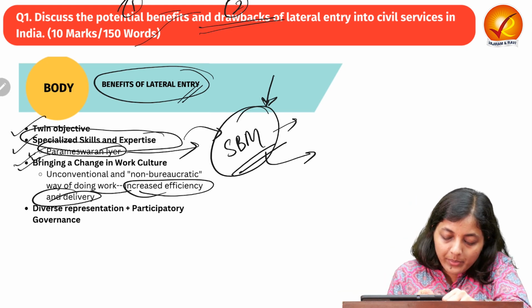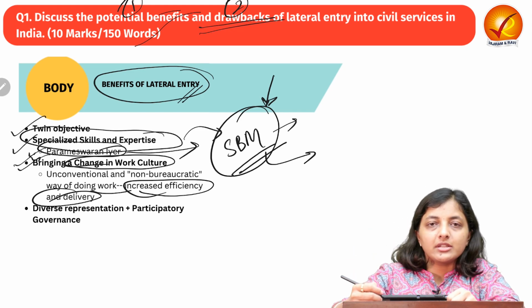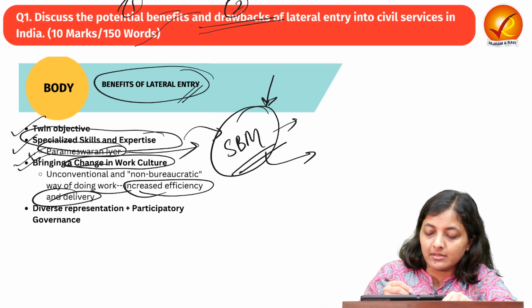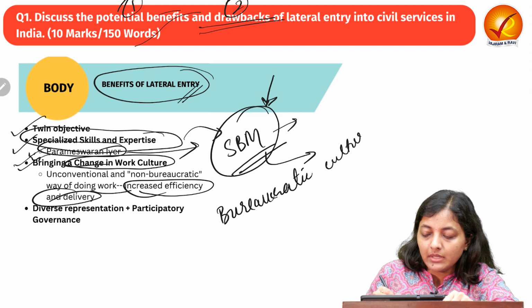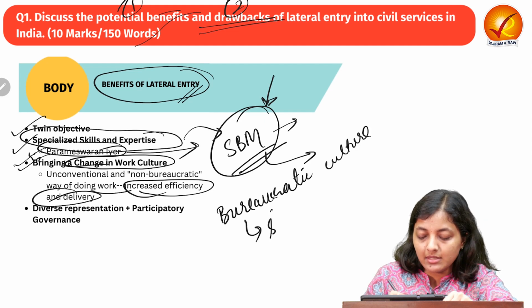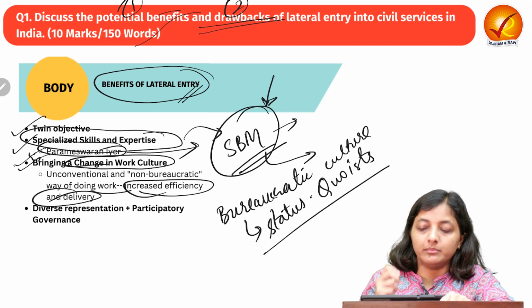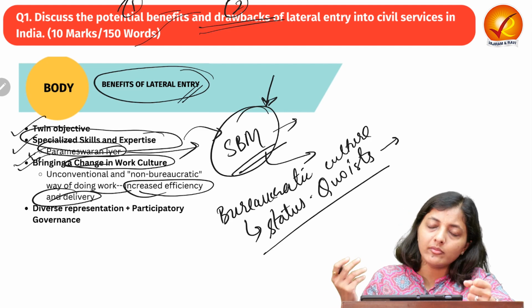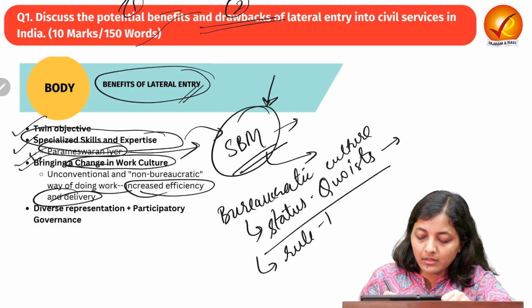Next comes bringing a change in the work culture. Our bureaucratic culture is often criticized as status quoist, those who do not want to reform, who want things to remain the same. Next is rule-based bureaucracy.